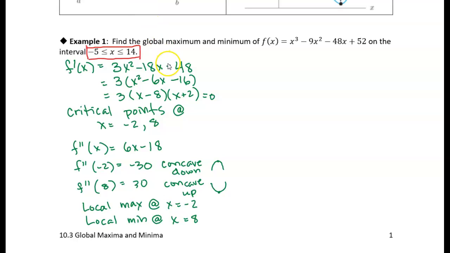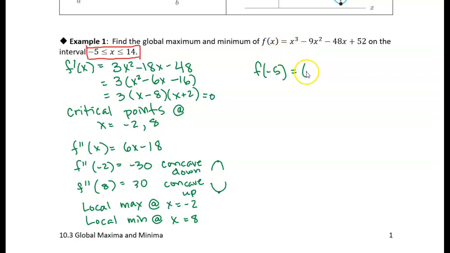Let's evaluate each one of those points. We have to evaluate -5 and 14 as well as the two critical points. I'm going to evaluate the function at -5 first, just because it's the smallest. I'll do them in order. That's the left-hand side of the interval, and I'm going to put that into the original function.